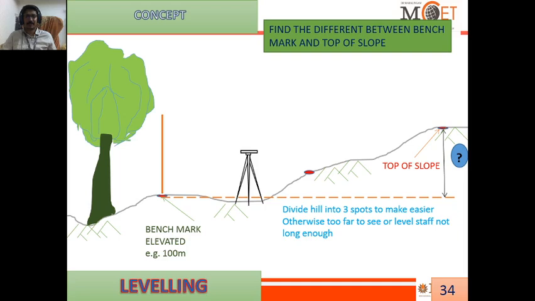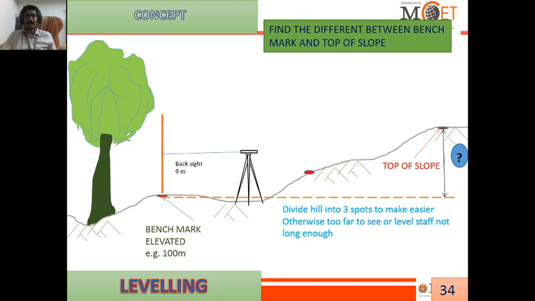So here the benchmark was assumed and it is a known elevation, so we keep the leveling staff over it and note down the leveling staff reading with the help of the dumpy level. The line of sight strikes the leveling staff.